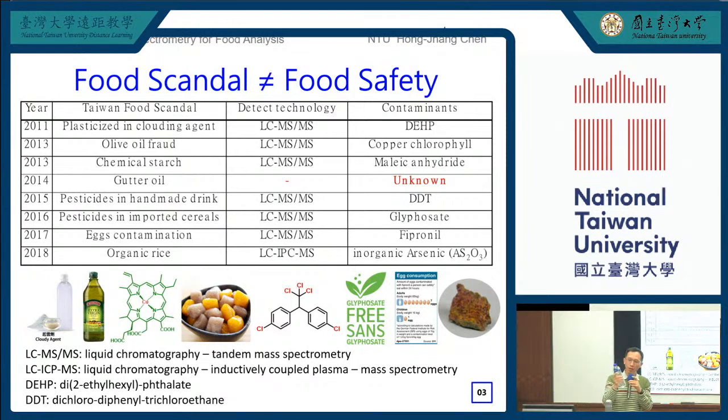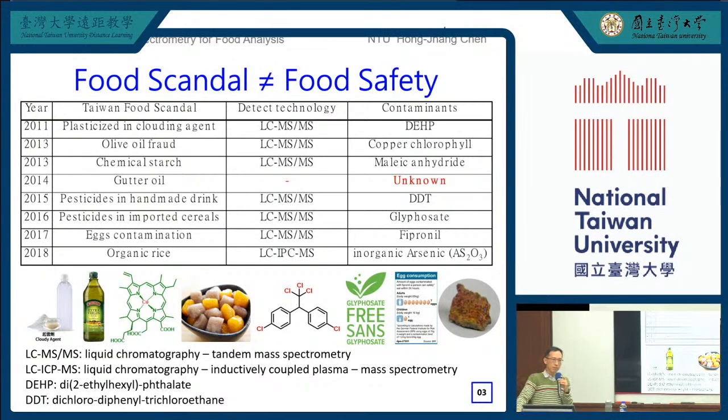So how to make it cloudy? In food technology, we use an emulsifier to make it cloudy. But in that case, they used an illegal chemical, the so-called plasticizer, to make it cloudy. So it's a big food scandal.